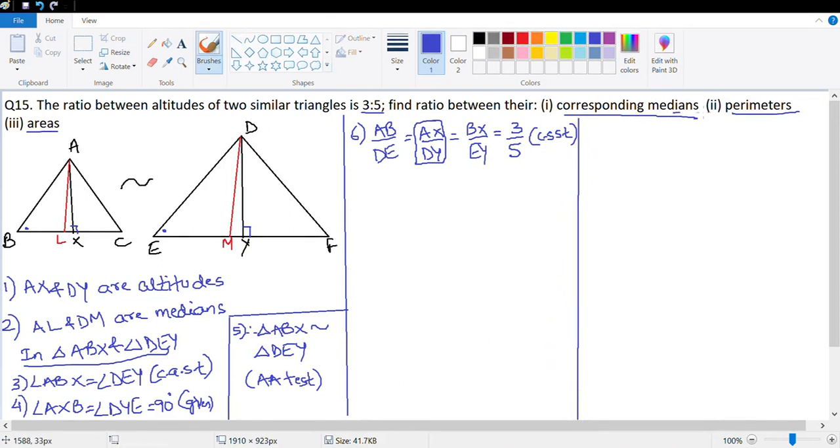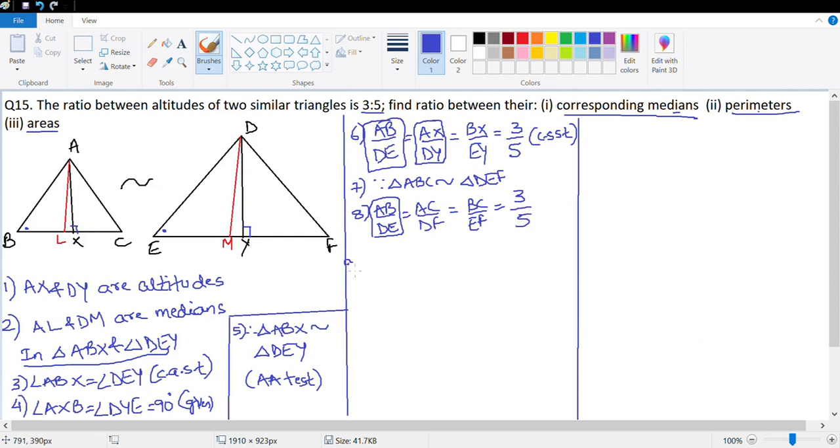We still need to find median, nothing done, perimeter not done, area not done. So let's look at what we have. Since triangle ABC is similar to triangle DEF, what we have is AB upon DE is equal to AC upon DF is equal to BC upon EF, and since AB upon DE is common between 6 and 8, this is equal to 3/5.